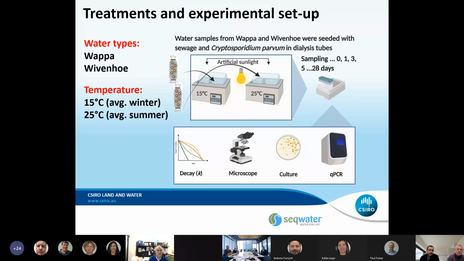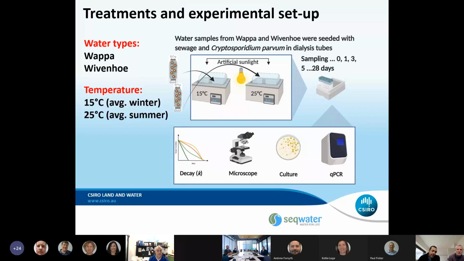We brought the water samples into the lab and seeded Cryptosporidium and also sewage into the water sample in a dialysis bag. Then we kept the dialysis bag in a water bath set at 15 and 25 degrees centigrade.